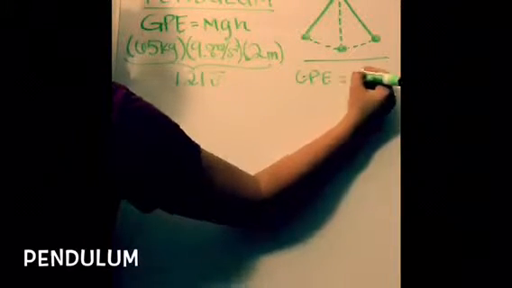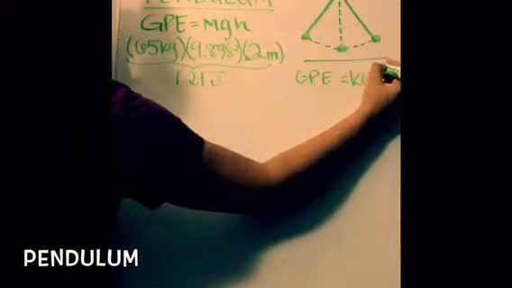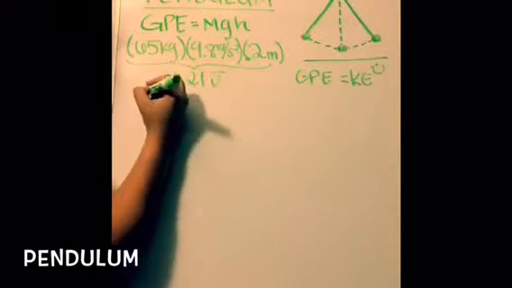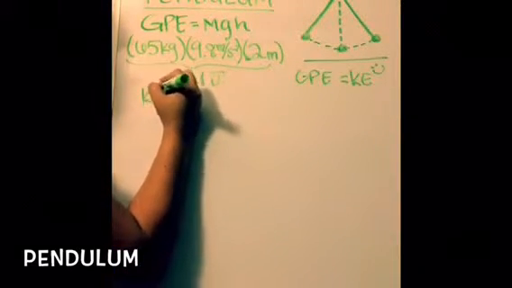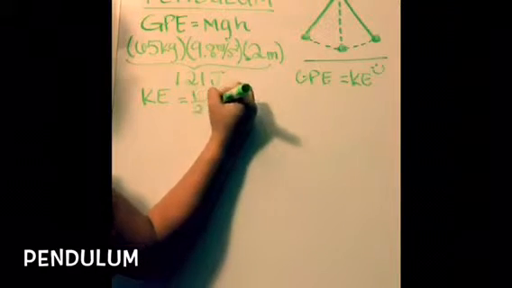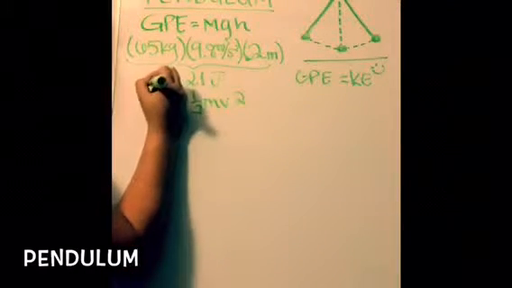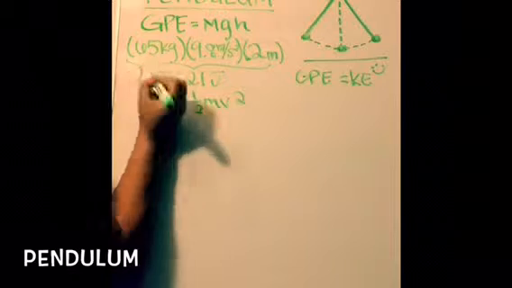Next, I will be using KE equals 1/2 mv squared. GPE is equal to KE, so I will be inserting 121 joules into KE and solve for velocity.